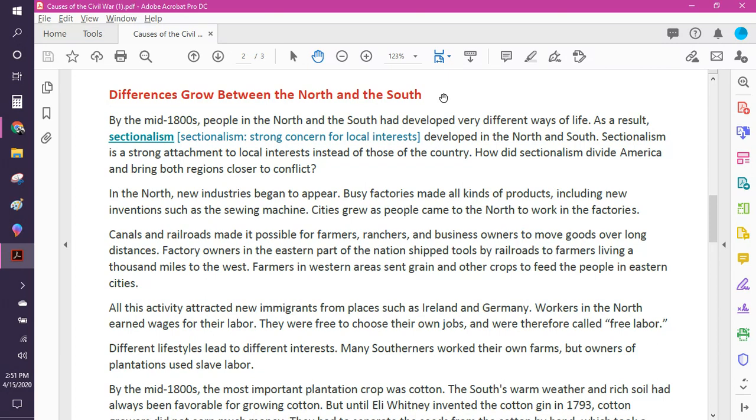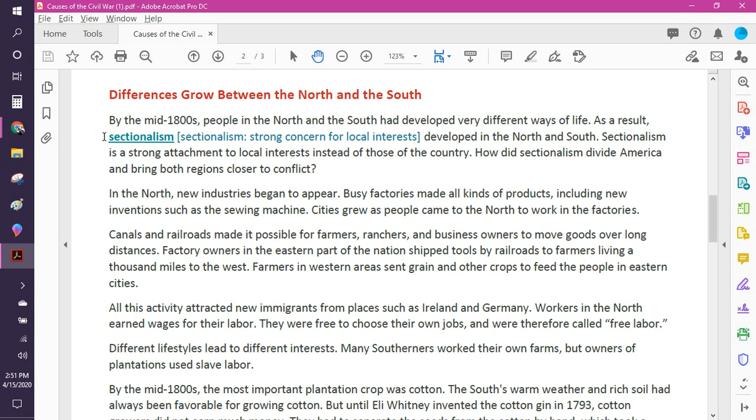So, what we're going to talk about in this passage is how did sectionalism divide America and bring both regions closer to conflict? So, this word is describing the idea that you are more concerned with what happens right around you or in a specific region or just how it's going to affect you.